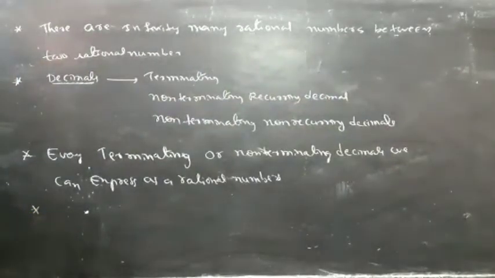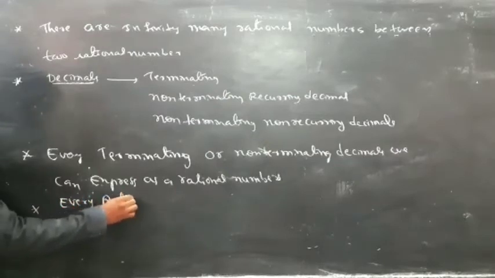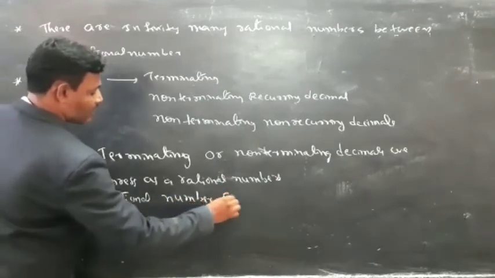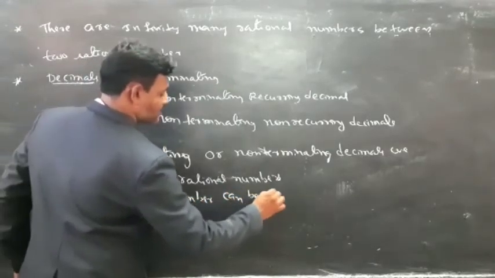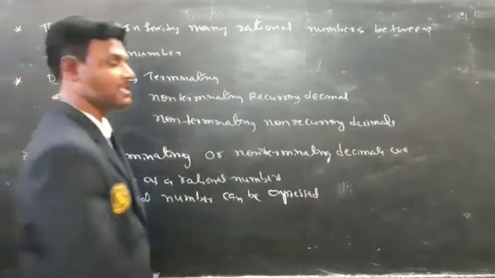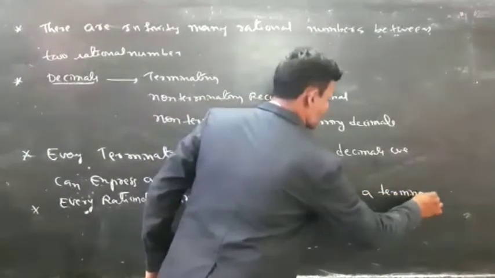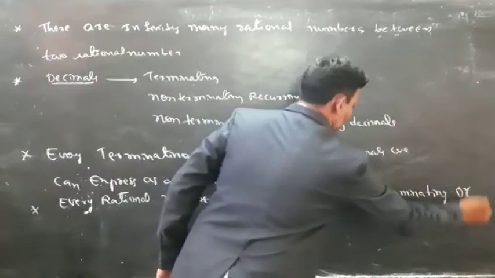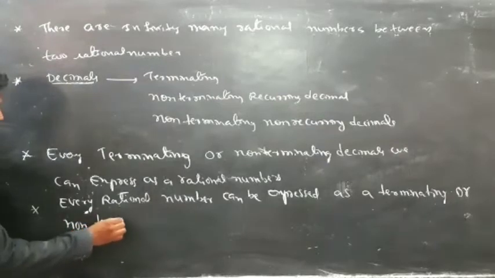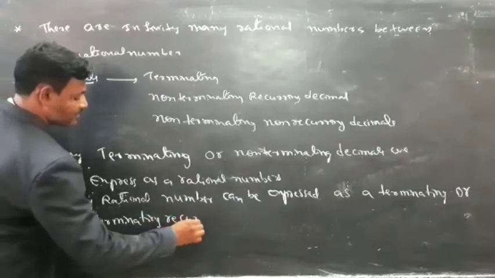Converse of this one: every rational number can be expressed as a terminating or non-terminating recurring decimal.